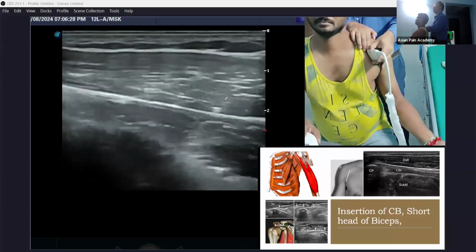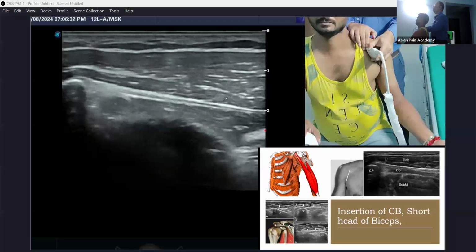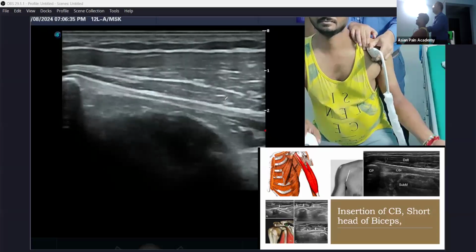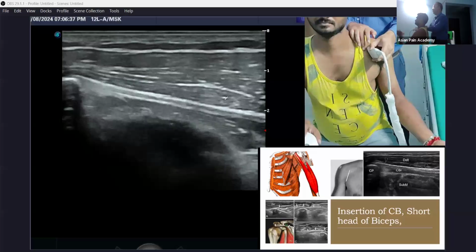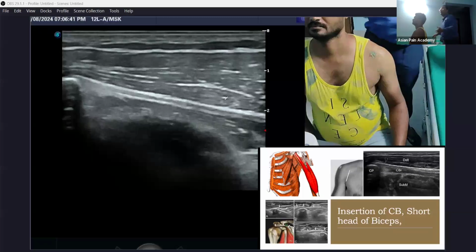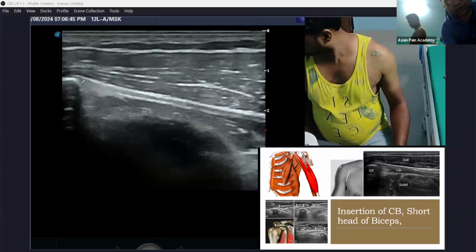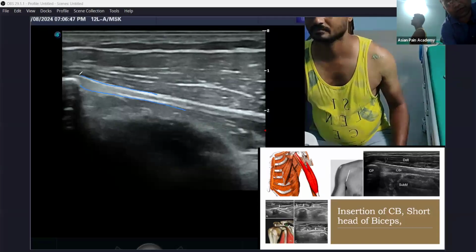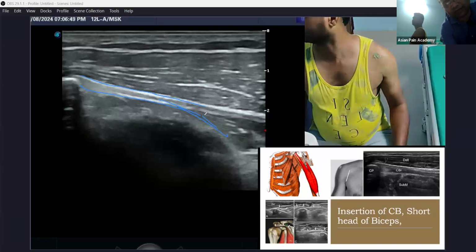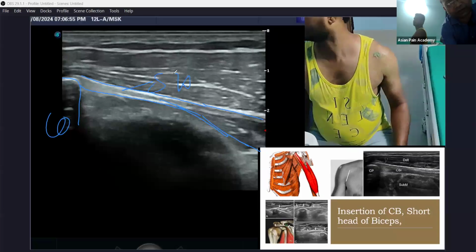But how can you understand that this is the short head of biceps? This is the short head of biceps tendon. From here the muscle starts. And this is the coracoid process.